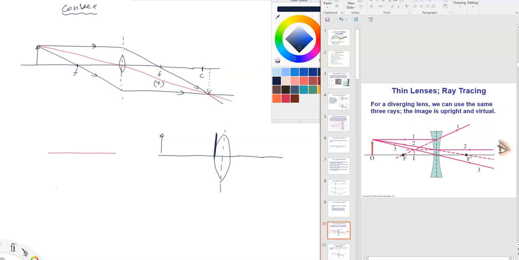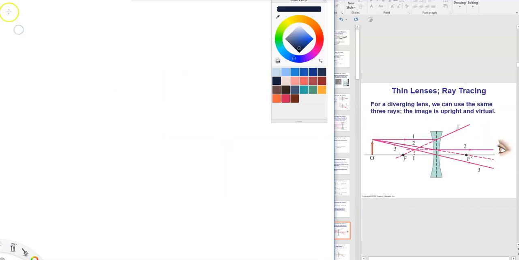Diverging lenses. Alright, let's clear this. Diverging lenses have fewer applications, mostly just one type of image. Principal axis, and you place the lens. Again, you mark F on both sides.